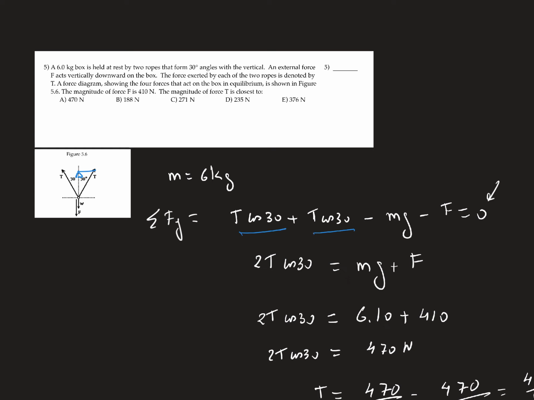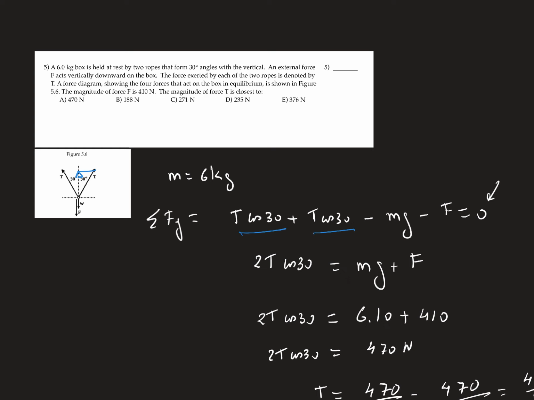So 2T cosine of 30 is equal to mg plus F. Solving, mg is 6 times 10. The force is 410. So total 60 plus 410 is 470.